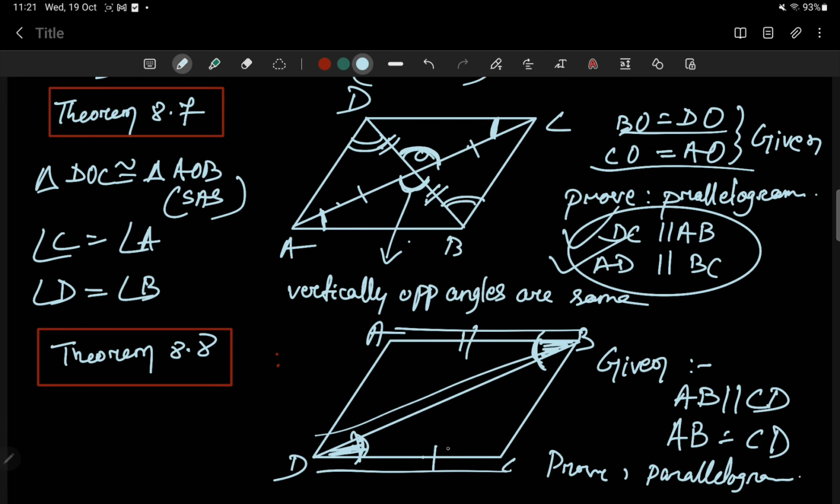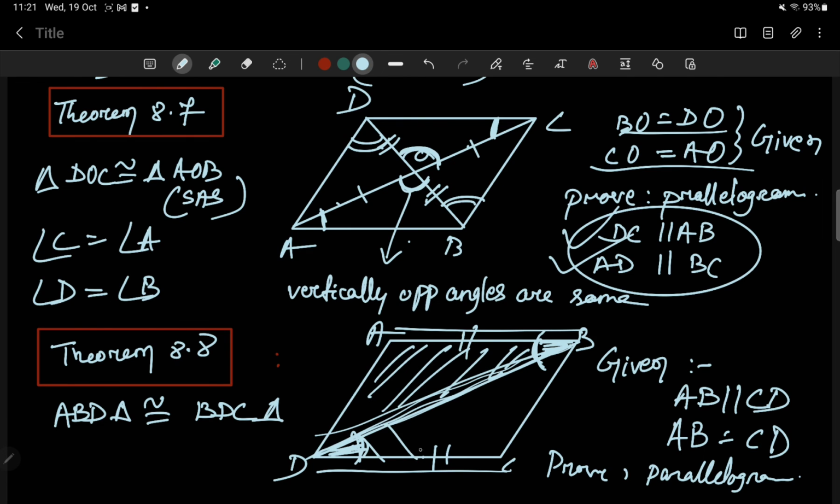This equals this, and this is a common side, hence we can say that triangle ABD is congruent to triangle BDC. Both the triangles are now congruent. If they are congruent, hence we can say that AD equals BC and AD is parallel to BC.